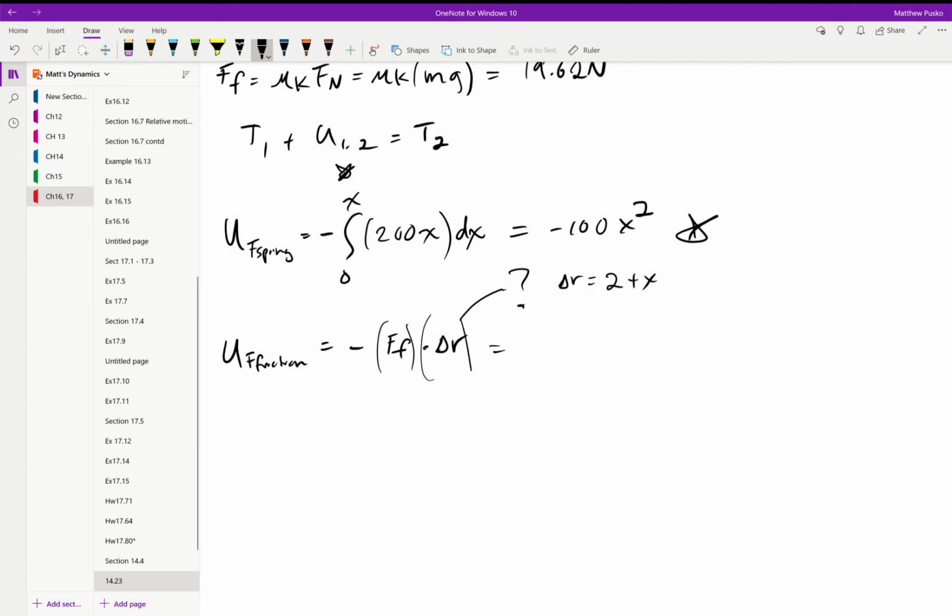We found that the frictional force was a negative 19.62, and for our delta R we put in 2 plus x. Now you may not know what to do here, since we have a function of x squared and a function of x. Let's put those all into the work-energy theorem and see what happens.